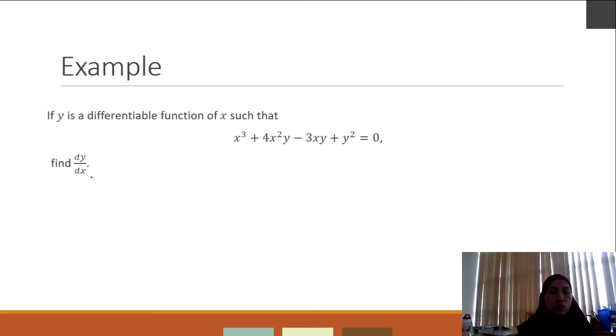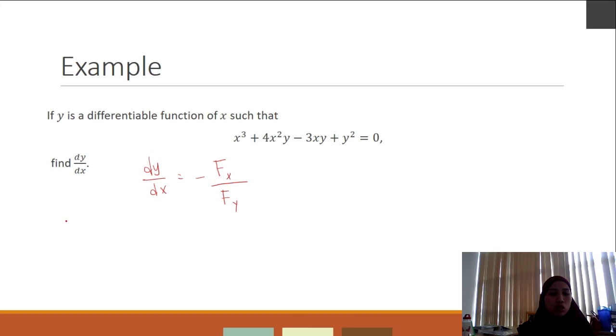Then we need to find dy/dx. For this function, we need to apply the theorem, which is dy/dx equal to negative partial derivative with respect to x divided by partial derivative with respect to y.